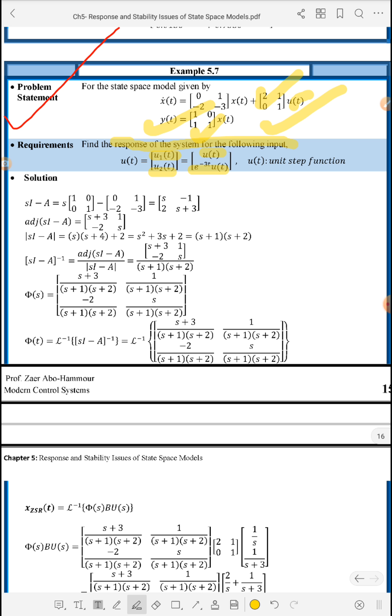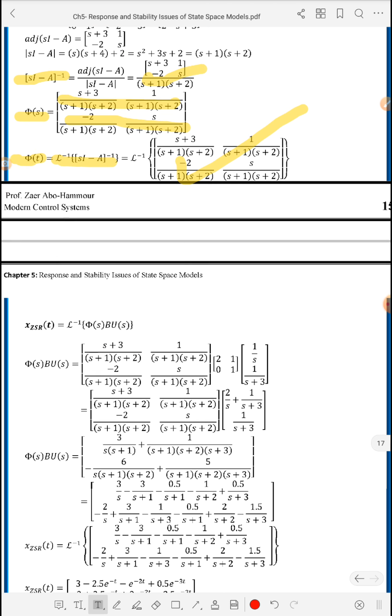If we proceed in the solution process, we will find sI minus A inverse as given in this matrix, and phi of s will be the same, and phi of t will be the Laplace inverse of this matrix.